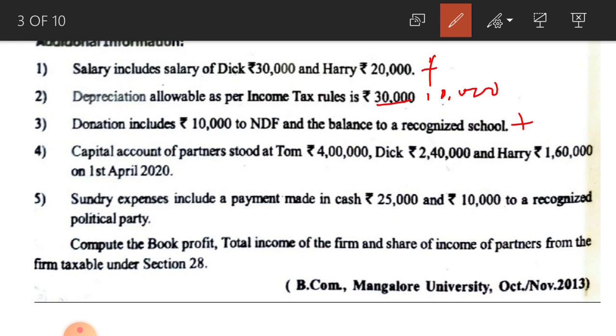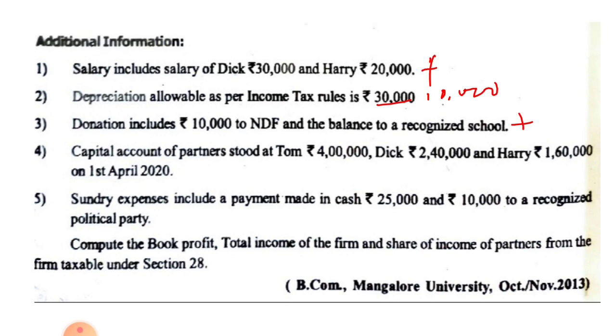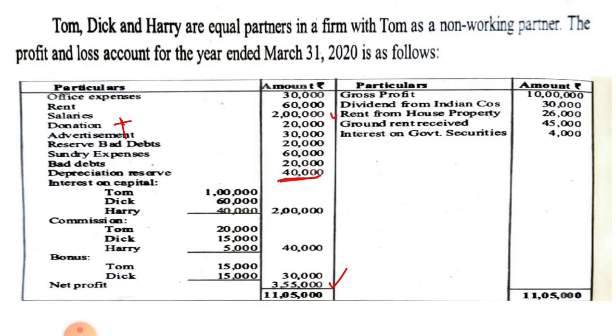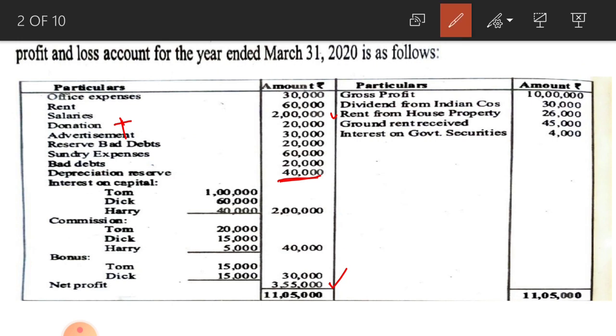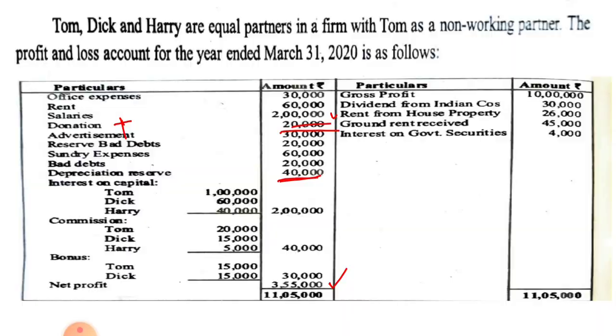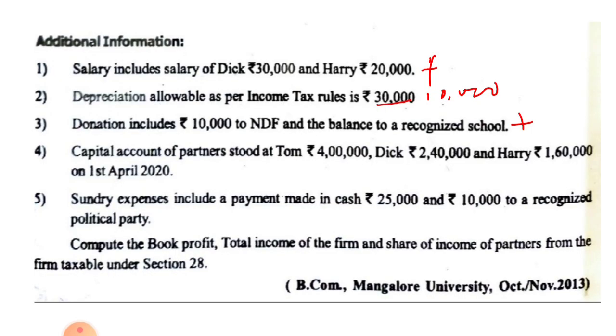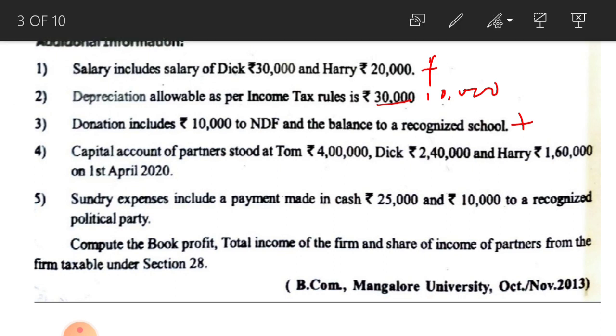That is NDF 10,000, that is without limit 100%, and balance of rupees 10,000 because donation amounts to rupees 20,000. Out of that 20,000, 10,000 is relating to NDF and the balance 10,000 to the recognized school. Here recognized school comes under with limit donation, 50% is allowable.